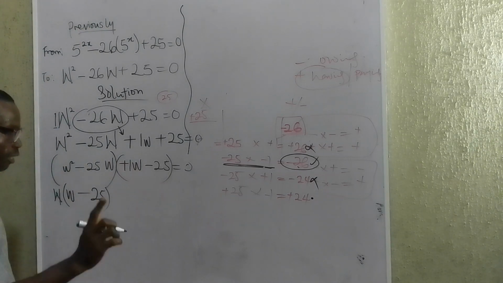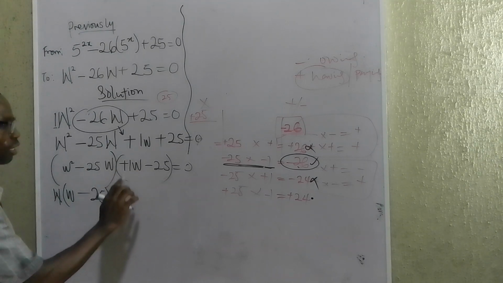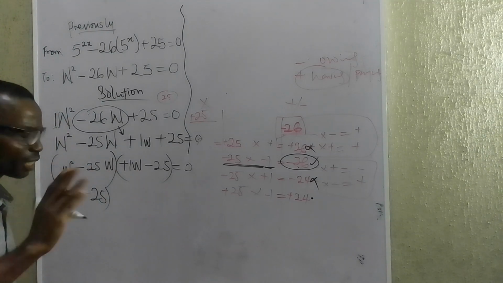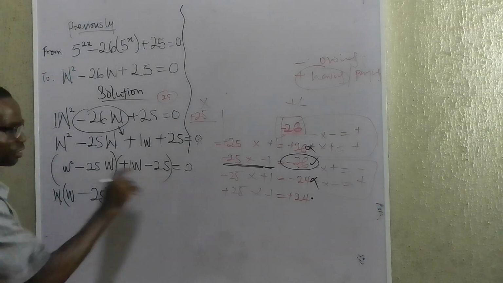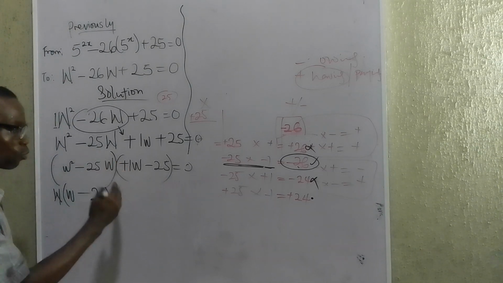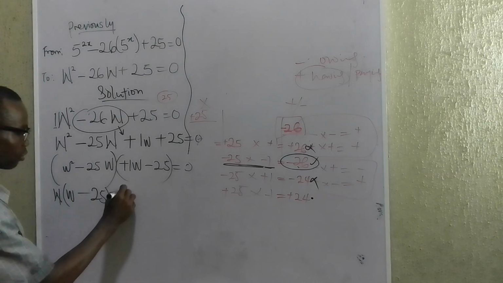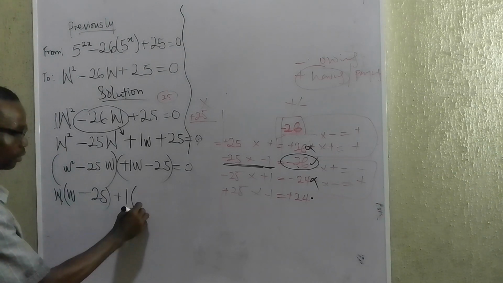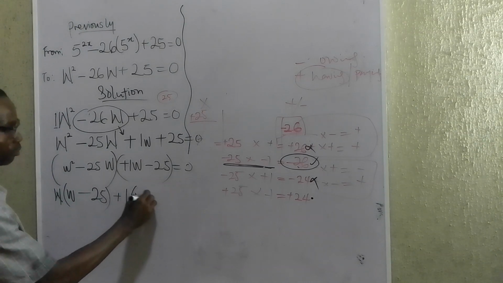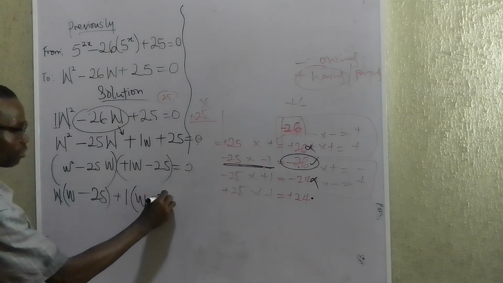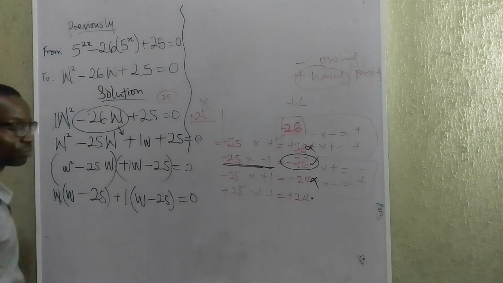So now what is here and it's also here? 1 is inside every number and every alphabet. 1 is here, 1 is here. And what's 1? Is it plus 1 or minus 1? It is plus 1. So we'll have plus 1, and then here will remain W, and then here will be minus 25, and this will go to 0.